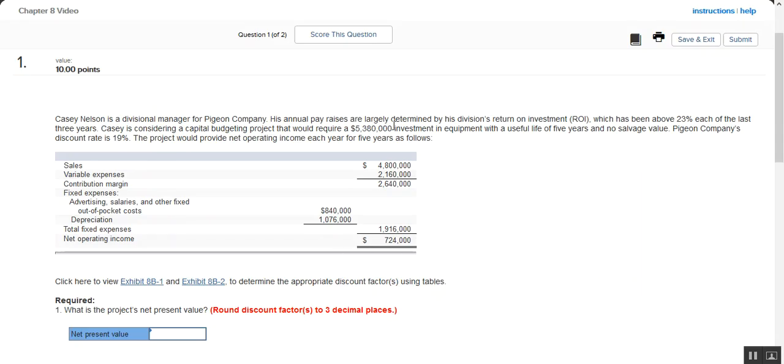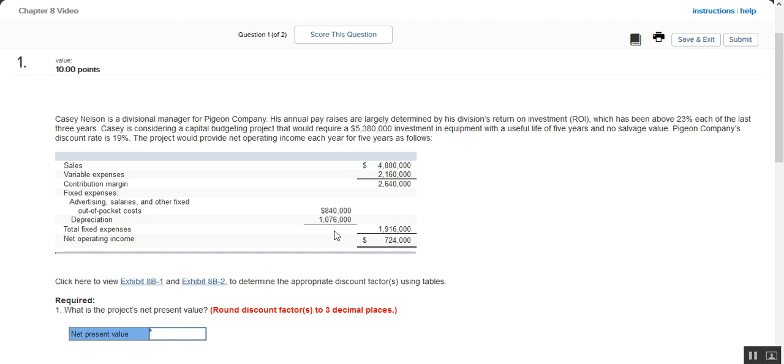So we have some information, and we're assuming this is going to be the same for each of the 5 years. It doesn't tell us that there's going to be any variation in that. So for every year for the next 5 years, we're expecting a net operating income in this project of $724,000. So yes, we have an initial cash outflow, but we're also going to have some additional cash inflows over 5 years.